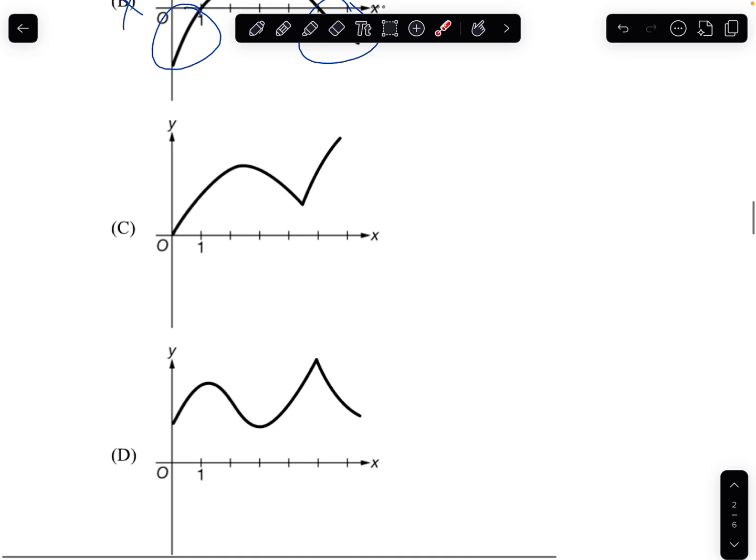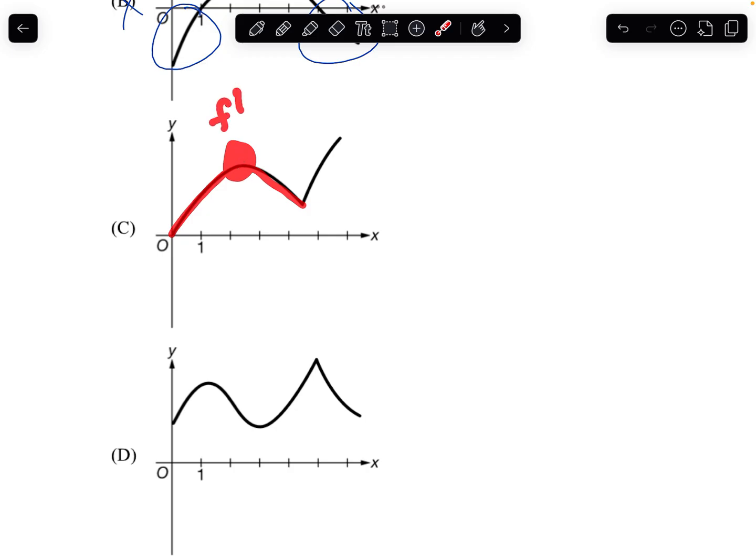And then for C, if we look here, it increases, then decreases. So there's a change in direction. f prime changes directions here, and then it also changes here. So we go from increasing to decreasing to increasing. This tells me that f double prime is positive, this tells me that f double prime is negative, and this tells me that f double prime is positive.